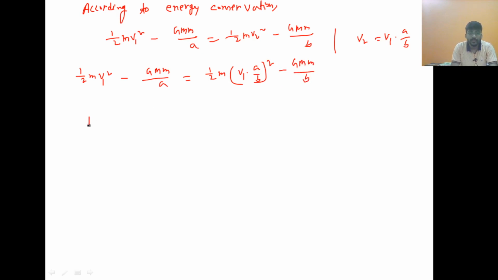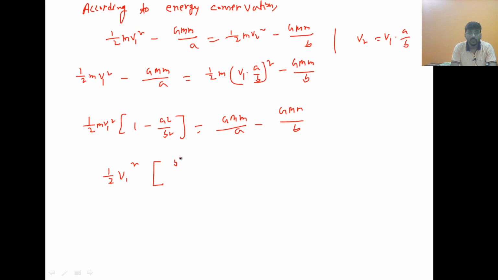If we take common half m v1 square, it will be 1 minus a square by b square, that is equal to G capital M small m by A minus G capital M small m by B. So m will be cancelled out on both sides. It will be half v1 square into b square minus a square divided by b square is equal to G capital M into 1 by a minus 1 by b.